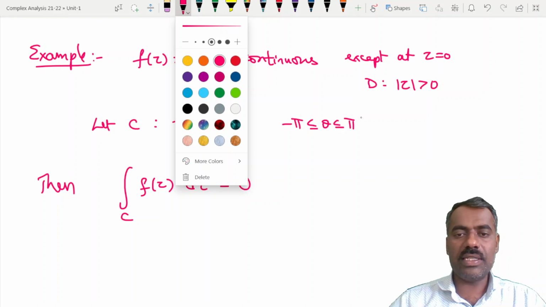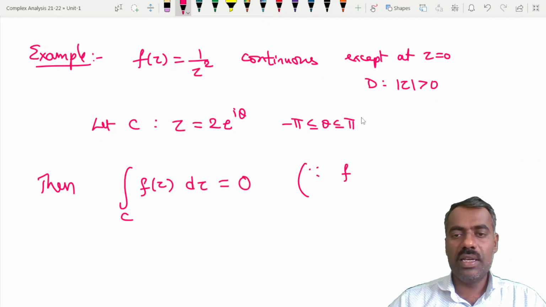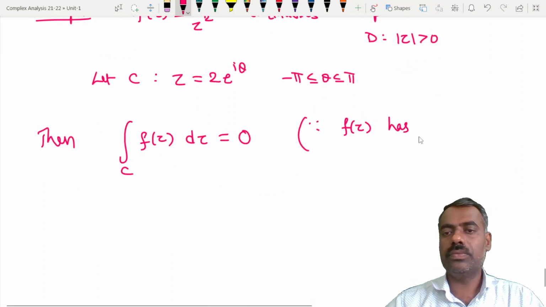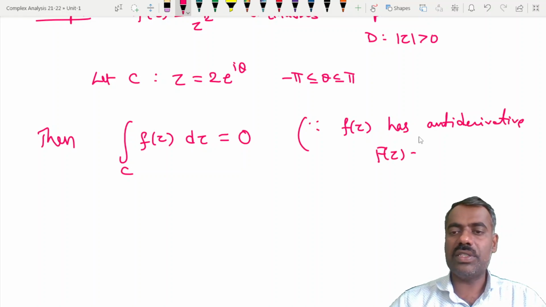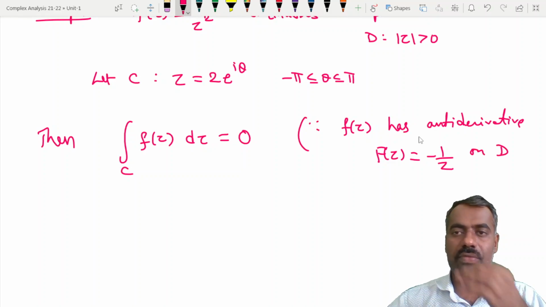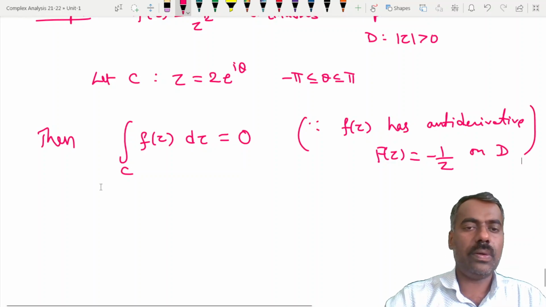Since this f of z has an antiderivative, namely capital F of z is equal to minus 1 by z, and this domain D is mod z greater than 0. Okay, fine.